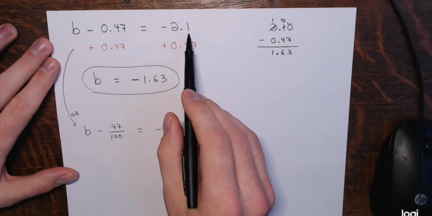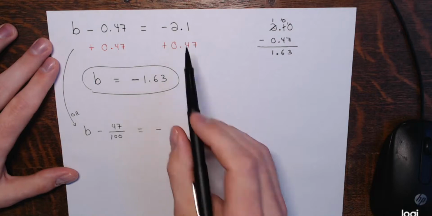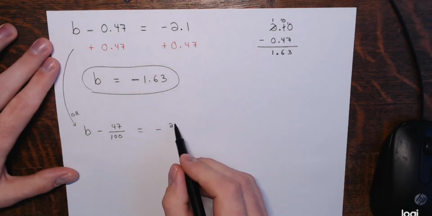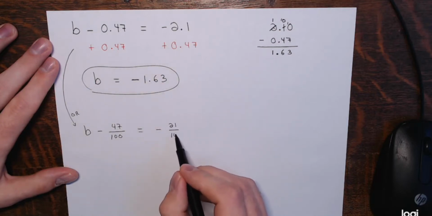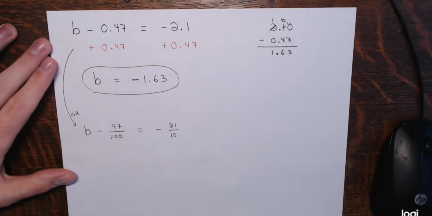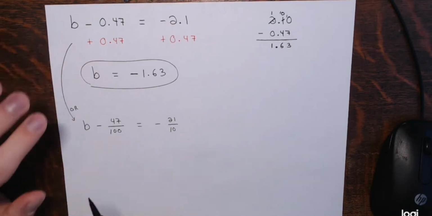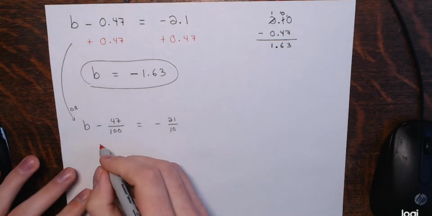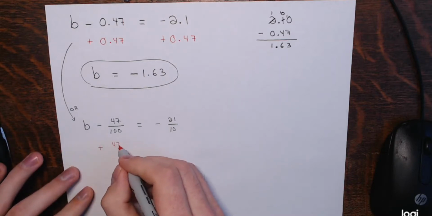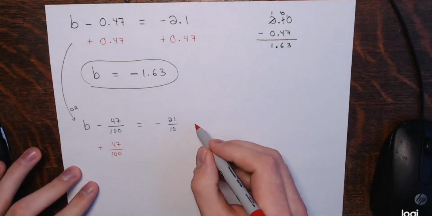This is 21, but it ends in the tenths place. 21 divided by 10 would be 2.1. And then I add 47 hundredths to both sides, and it's just like the previous problem where I'm working with fractions.